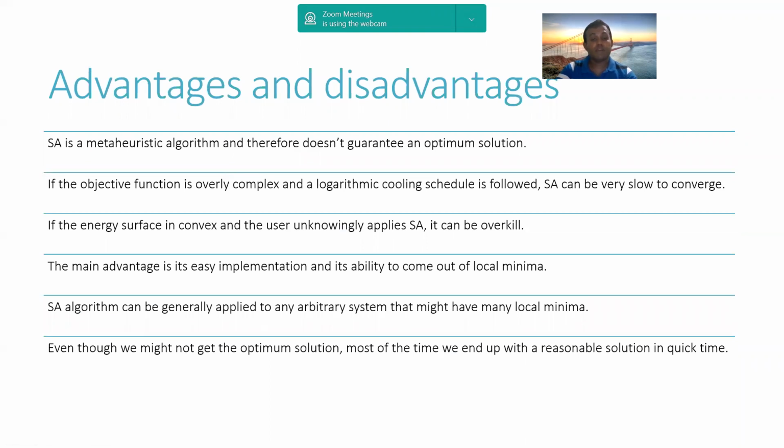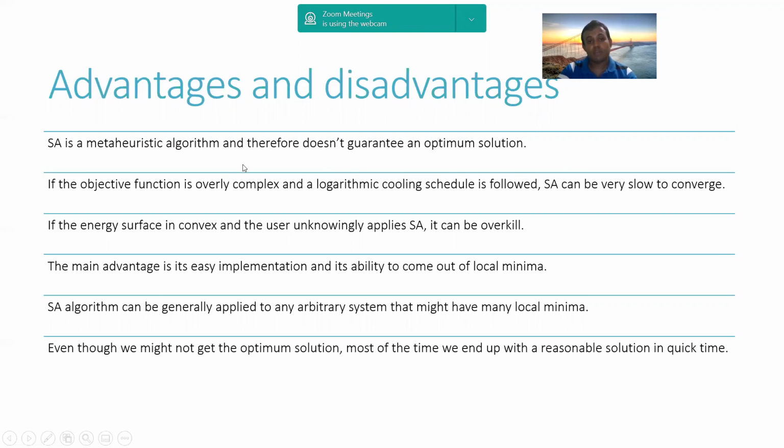So now if we look at the advantages and disadvantages of the simulated annealing method, simulated annealing is a meta-heuristic algorithm. Meta-heuristic in the sense that it is used for solving NP-hard problems, and it does not always guarantee the optimum solution. It is going to give us a reasonable solution.